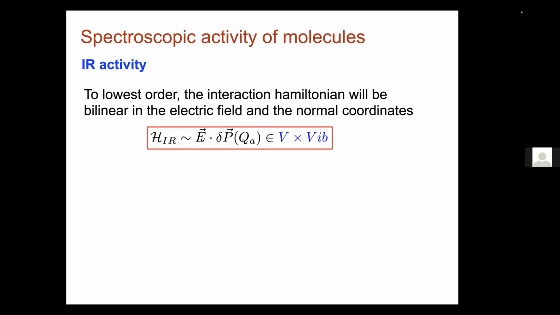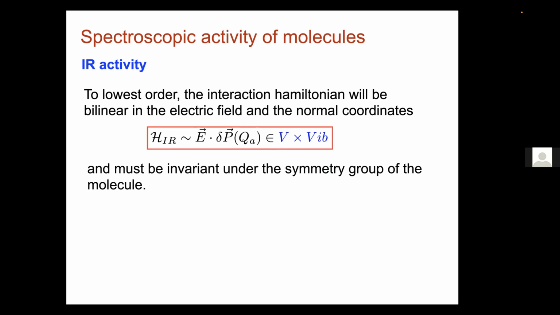So this transforms according to the vector representation, this transforms according to the vibrational representation. So the infrared Hamiltonian that describes the interaction between electric field and dipole moments belongs to the product of V corresponding to E and V_vib. So basically, if I want to construct this Hamiltonian, all I have to do is find invariants in this product, bilinear invariants. And now we know how to do it.